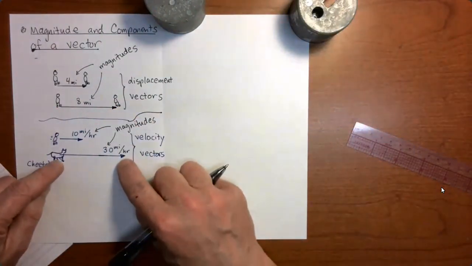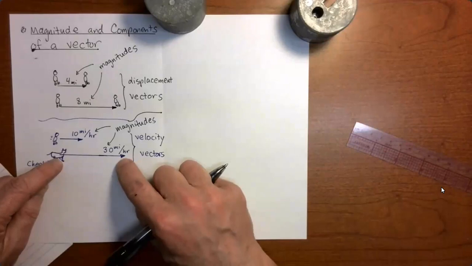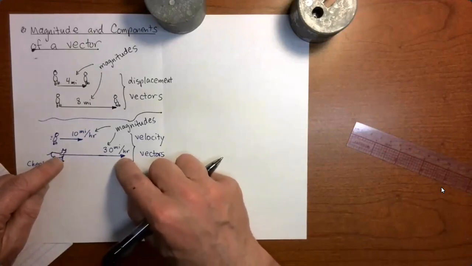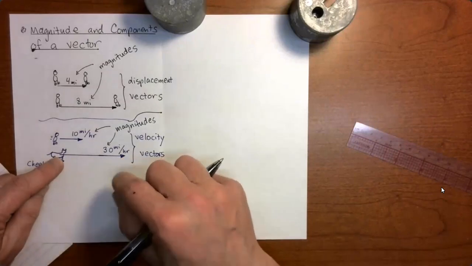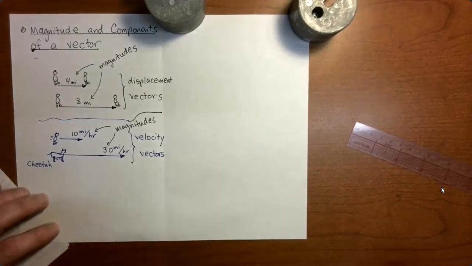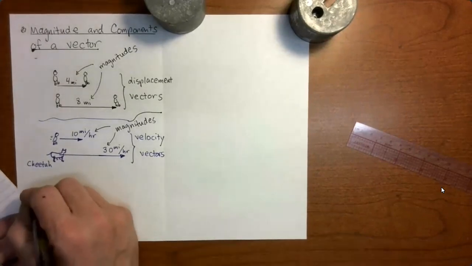In the case of the velocity vectors, a velocity vector which is drawn 3 times as long represents an object moving with a speed which is 3 times greater. So in either case, the quantity which is represented by how big we draw the vector is called the magnitude of the vector.